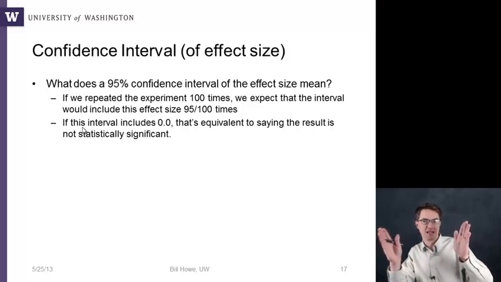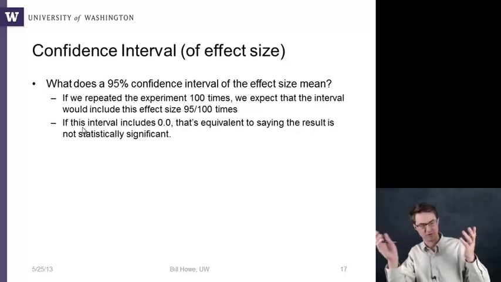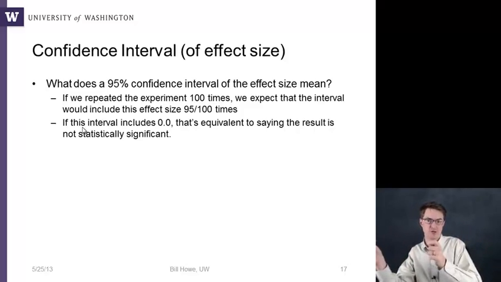A corollary is that if the 95% confidence interval includes 0.0, that's equivalent to saying the result is not statistically significant, meaning the interval includes no effect whatsoever. Equivalently, if the interval does not include 0.0, then it is statistically significant. Fine, so that's some more terminology.